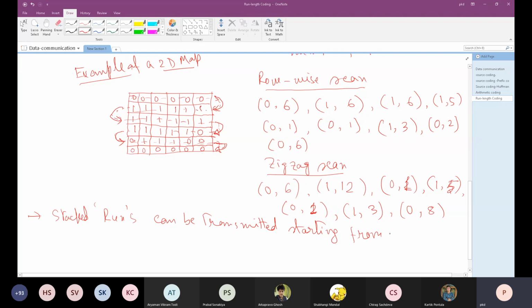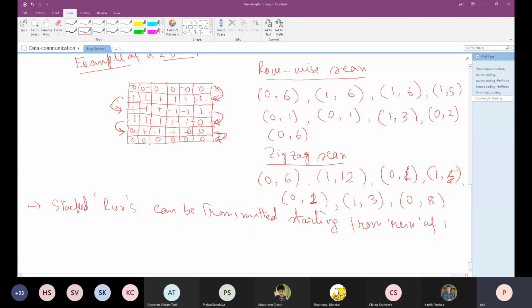So starting from the run of 1, now in the row-wise scan, because it starts with 0, the first number of ones will be 0. Then that will be 6.